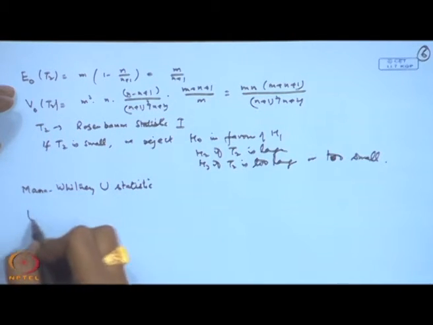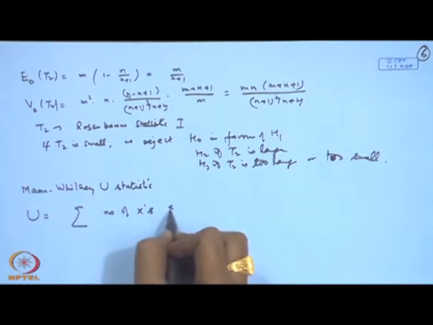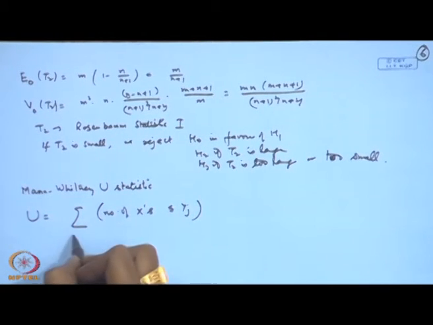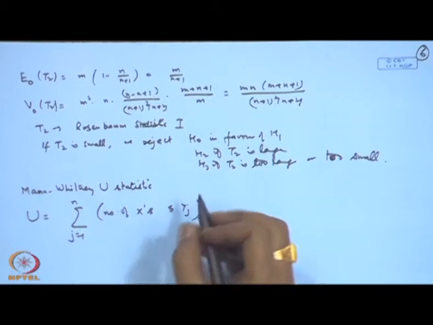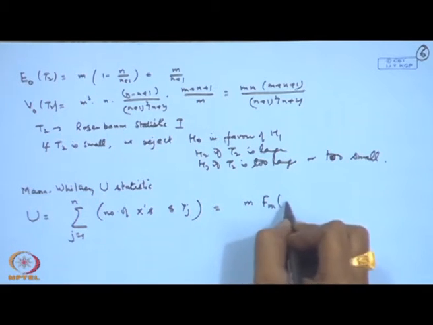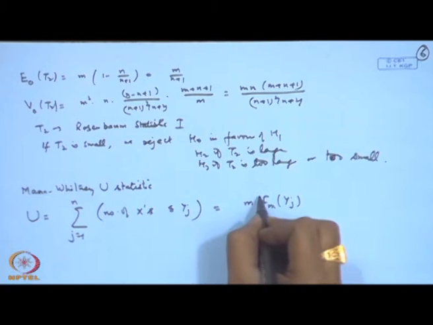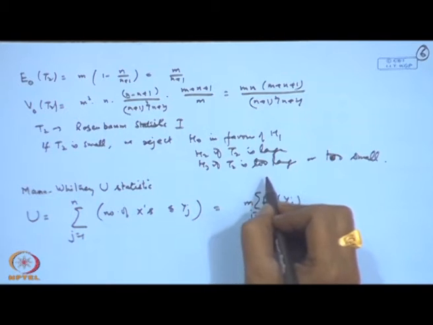That is based on the summation of all such terms, that is the number of x's less than or equal to yj, and you sum from j equal to 1 to n.